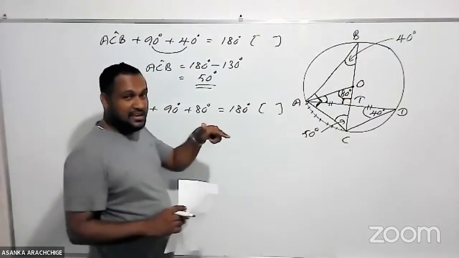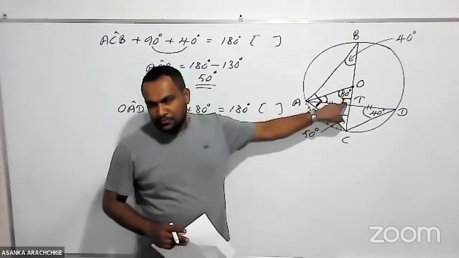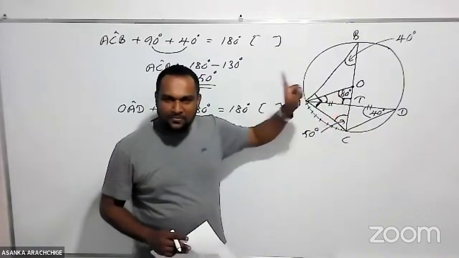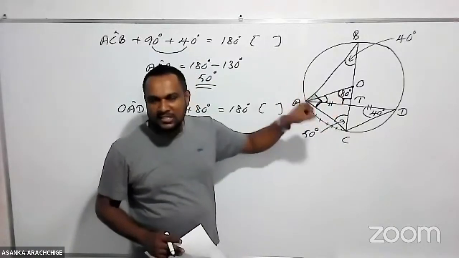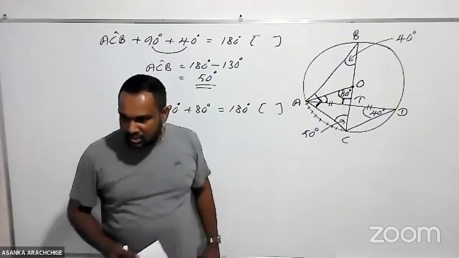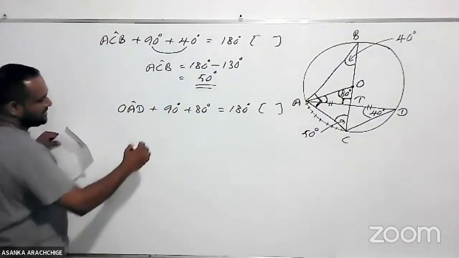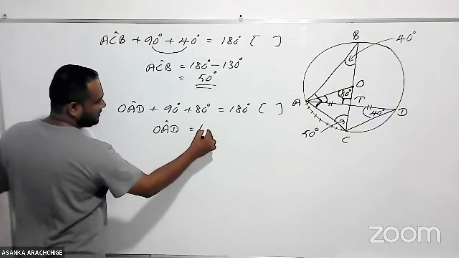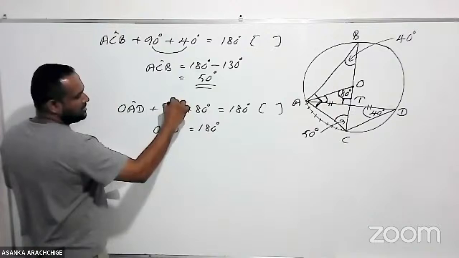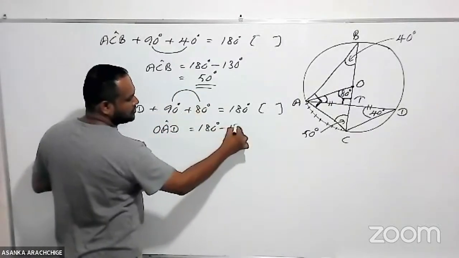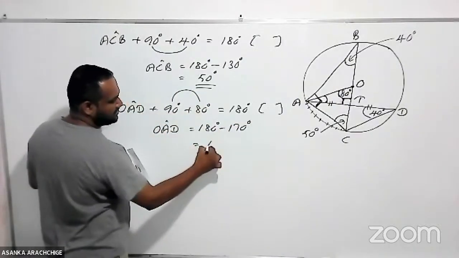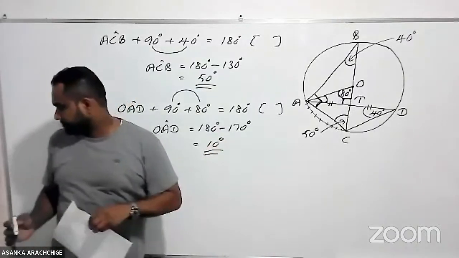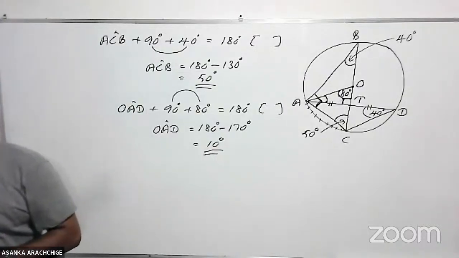I am saying again and again today, if you haven't proven that this is a right angle, then first of all, you must have proven it. So angle OAD is equal to 180 minus 90 minus 80, that is 170 taken to the other side. So the answer is 10 degrees. Clear? 10 degrees.